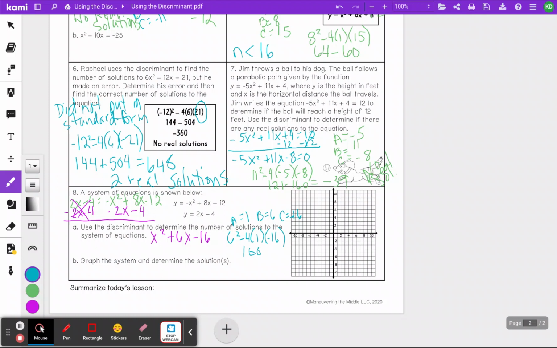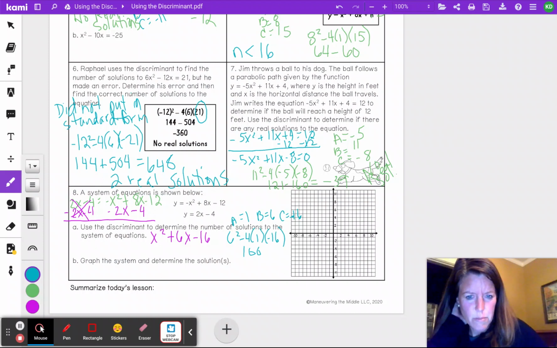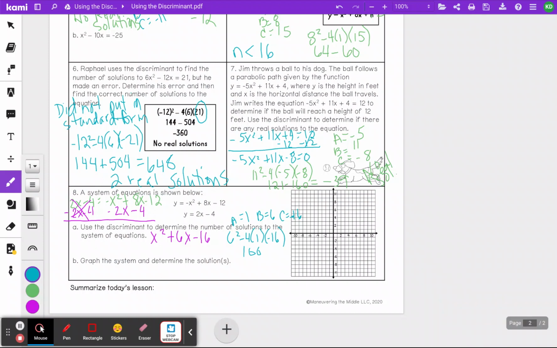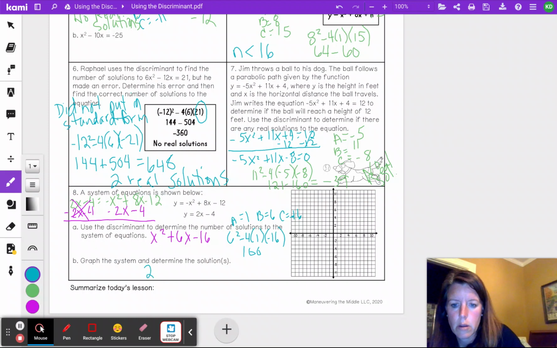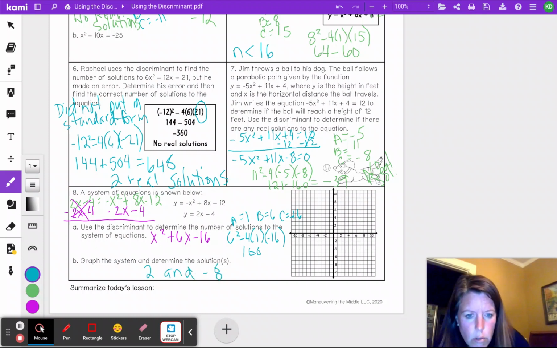All right, yes, it does have two solutions, and if you got the same on yours, mine are at 2 and negative 8. So it would go right here at 2 and then right here at negative 8.